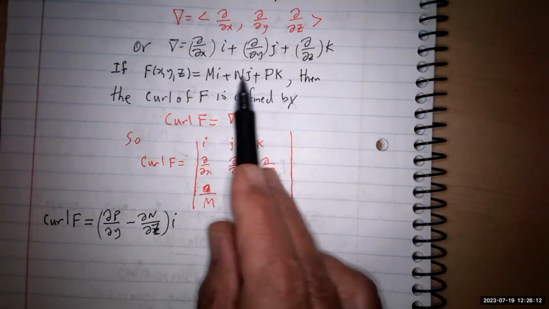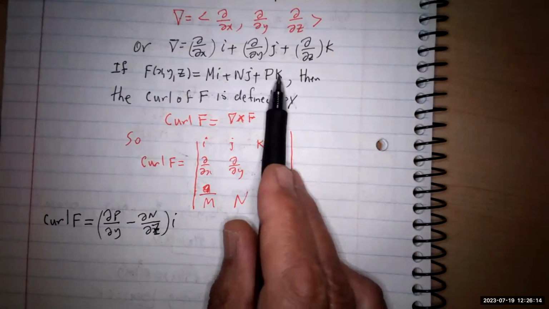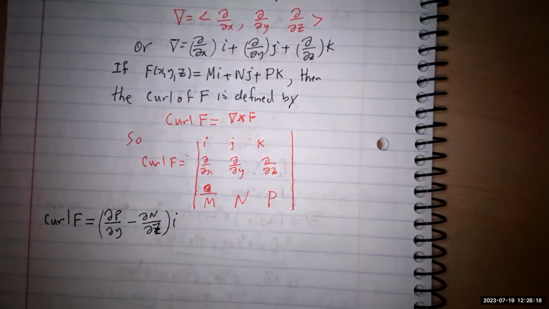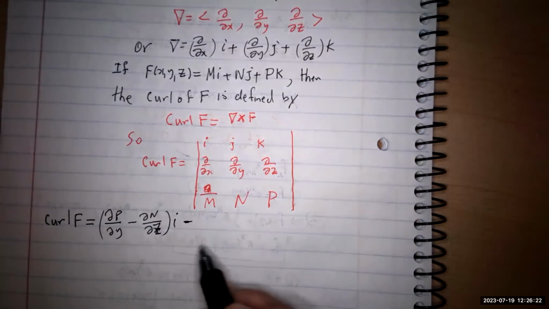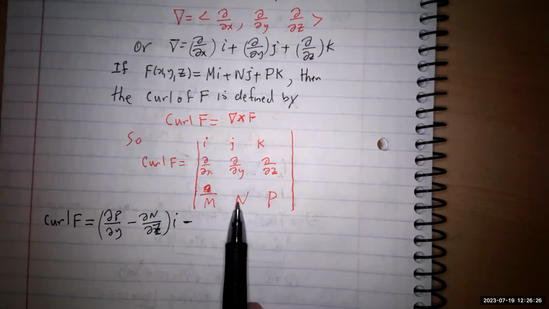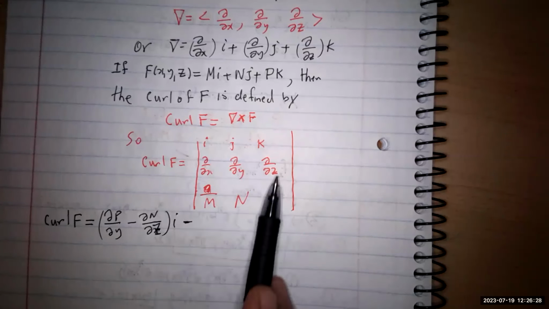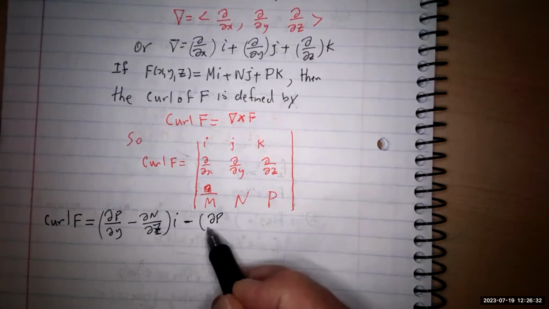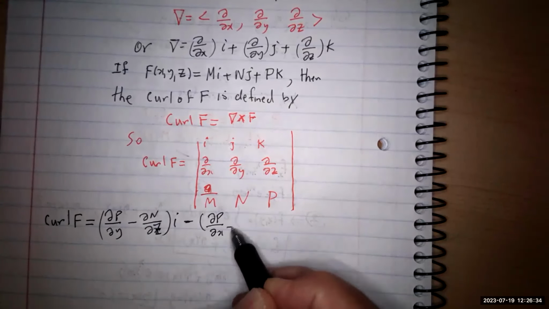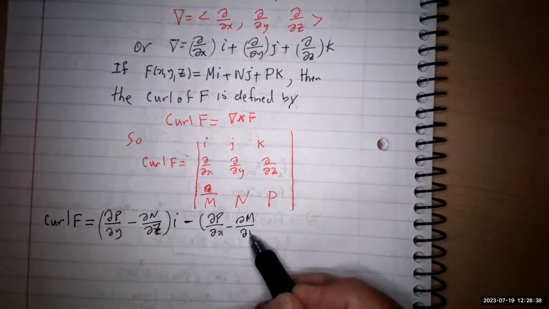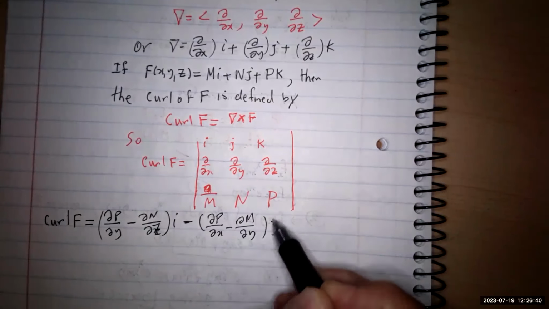That's going to be round P round y minus round N round z. We compare the P and the N together. Then it's going to be minus j. And then with the first row, second column, you compare the P and the M together. So it's going to be round P round x minus round M, round z, times j.